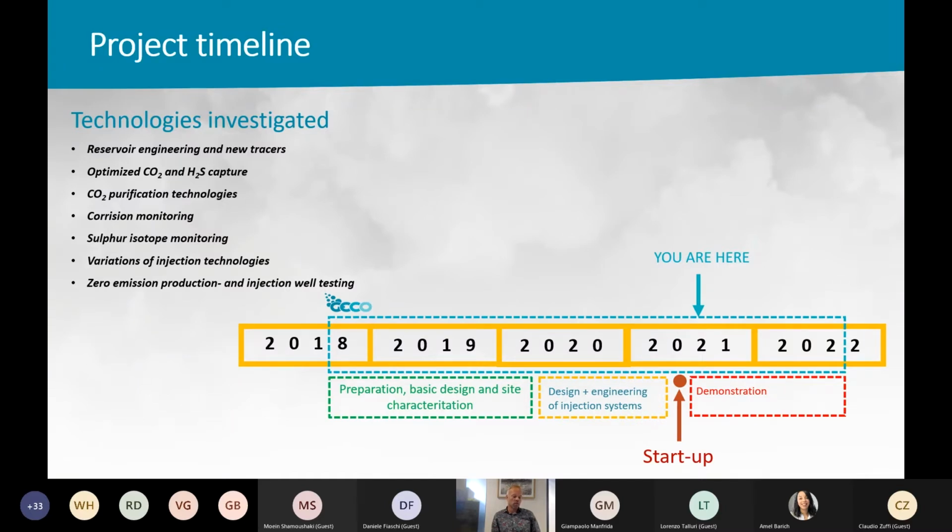We are looking into many different variations of injecting gases and water into the ground and into the reservoir. And then we are also aiming to test testing units which will enable zero emission of production wells when they are being tested, essentially extracting all the fluid into a testing unit and re-injecting it again without posing any environmental damage.